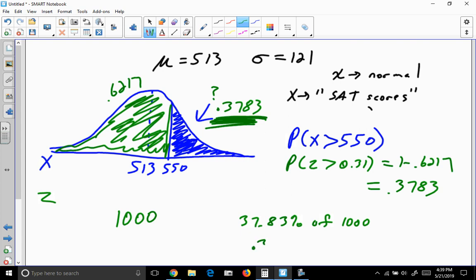Or what is 0.3783 times 1,000? Remember, when we're multiplying, we like to leave it in decimal form instead of percent. Of means multiply. So 37.83% of 1,000 is 378.3. So about 378 people would be expected to score more than 550 if we took a sample of 1,000.